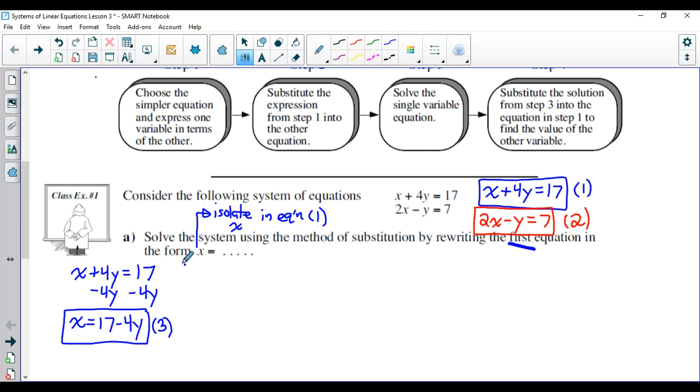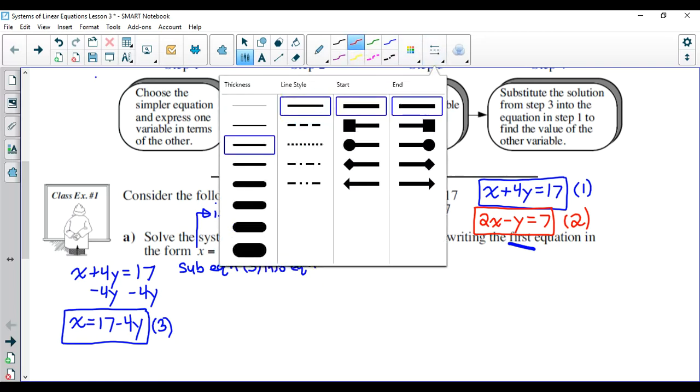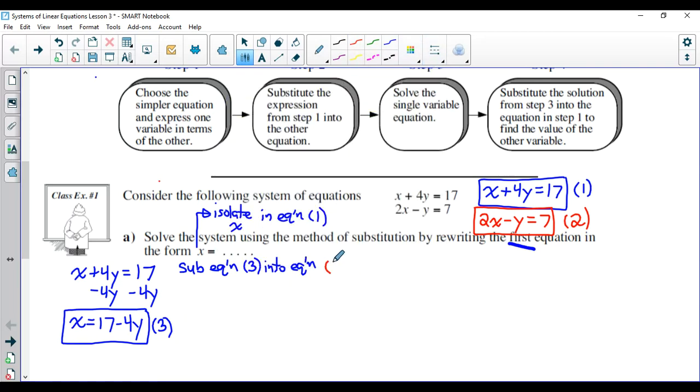I'm going to write down: sub equation 3 into equation 2. And equation 2 I just had in red here. Let's write out equation 2 first though. So equation 2 is 2x minus y is equal to 7.